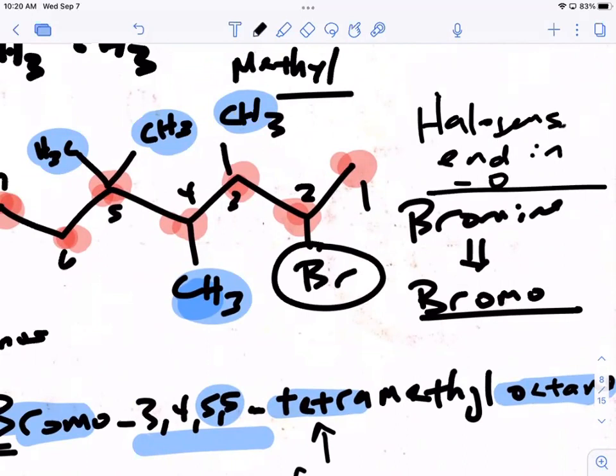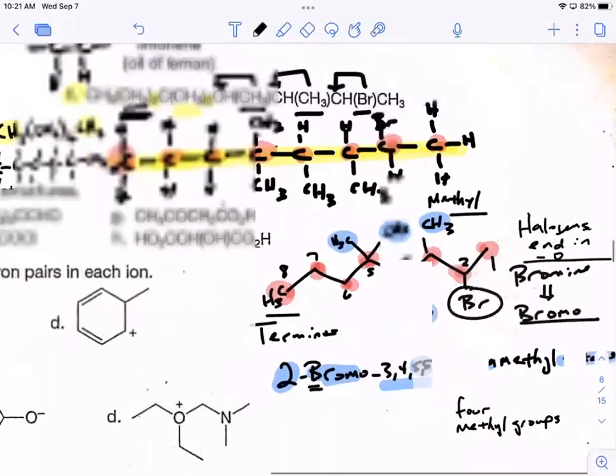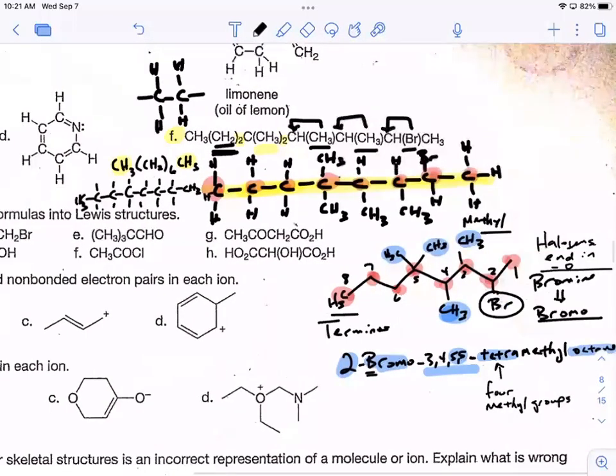If it's iodine, you change it to iodo. If it's chlorine, you change it to chloro. Anytime you have a halogen, the ending is going to change to O, if it's a substituent on a chain, if that makes sense. Yes, it does. Thank you.